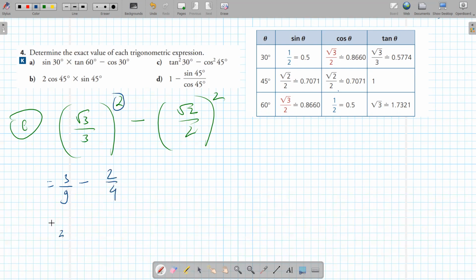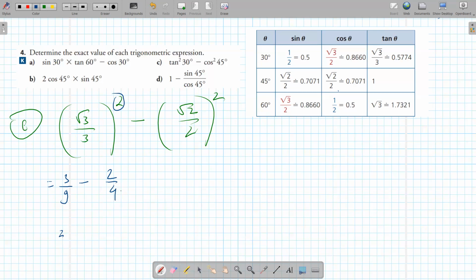What's the LCD between 9 and 4? Is it just 36?